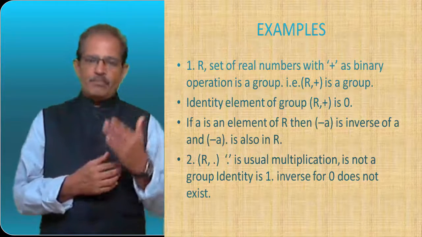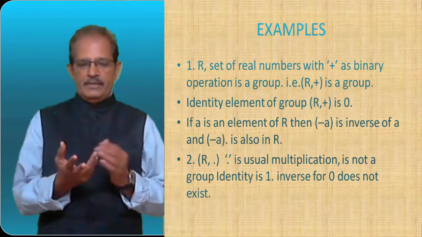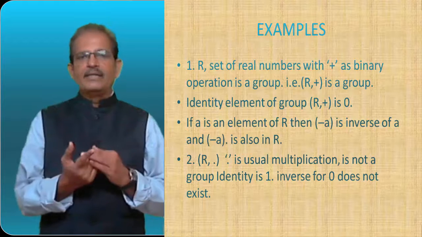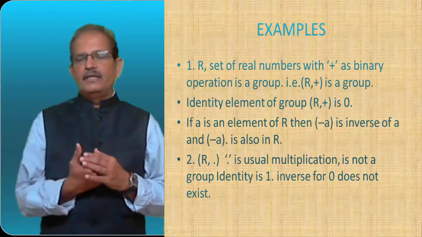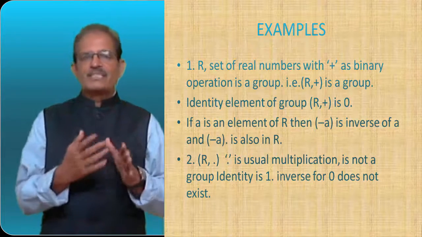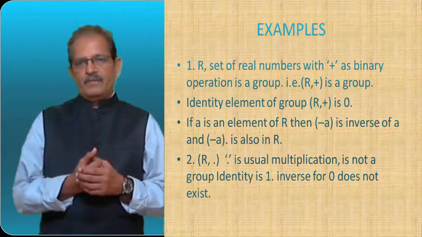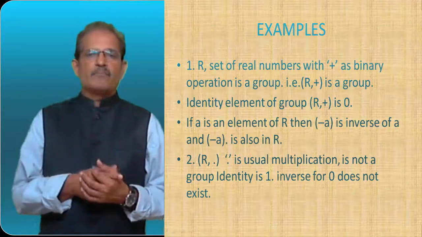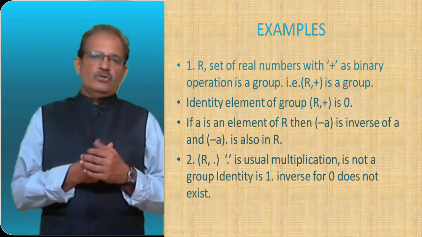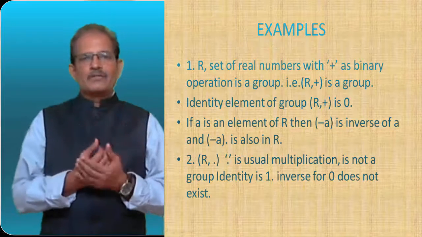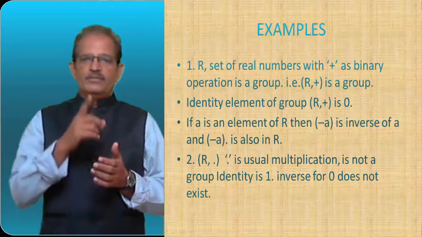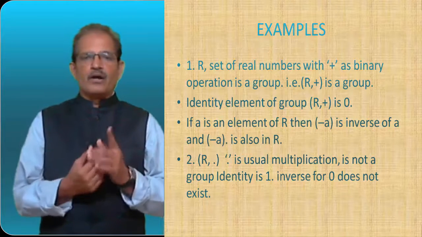If you verify the properties like closure property, associative property, identity property and inverse property, all the properties will be satisfied by the set of real numbers with addition. So therefore (R, +) is a group. So you may ask, what is the identity element of this group (R, +)? 0 is the identity element of the group (R, +).